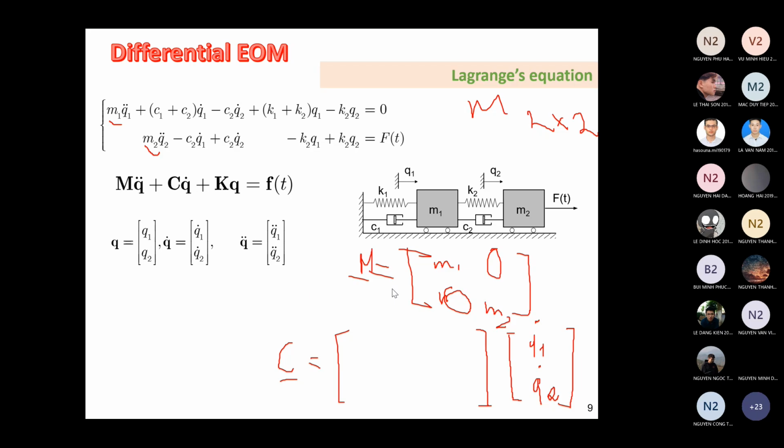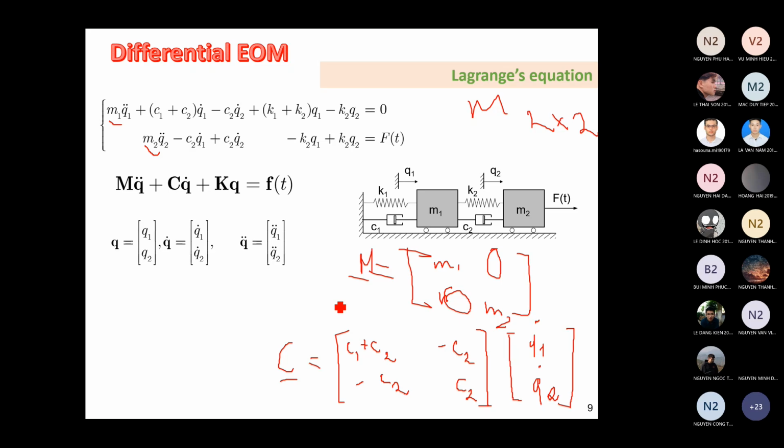Which form does the matrix C take for the two equations? Matrix C: C1 plus C2, the first element. The second one, minus C2. The third is minus C2, and the last one, C2. Okay, thank you.